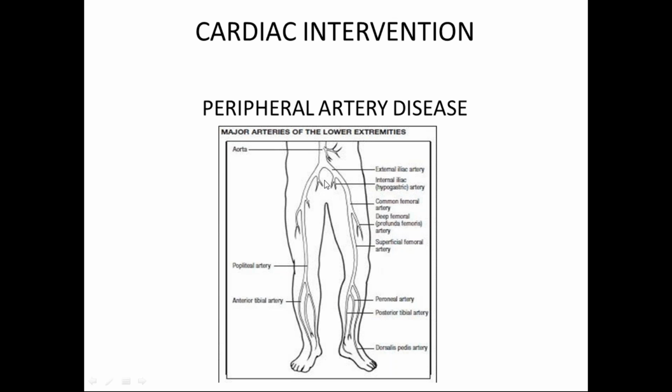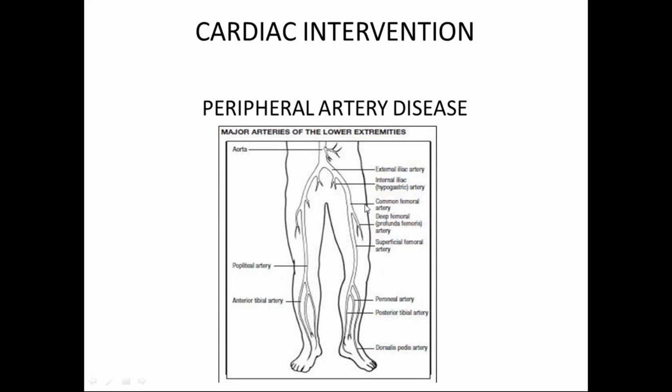If you have a cuff in the thigh, let's just look at pulse volume recording. If you have a blood pressure cuff in the thigh, and it shows an abnormal recording, then it suggests that you have a blockage above where the cuff is placed.